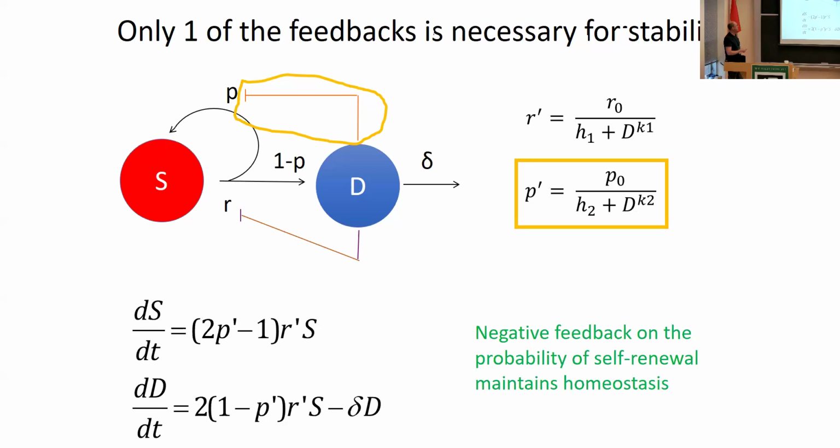That gives you homeostasis. It has also been shown that you can get feedback on the rate of cell division, but this is not important for stability of the system. So in this model, what is important for maintaining a stable equilibrium is to have some sort of feedback on the self-renewal probability to shut down self-renewal as the population gets bigger. So that's the basic model that we deal with.